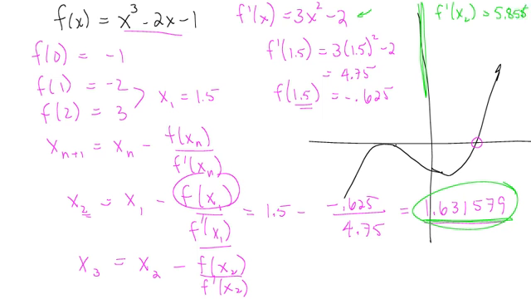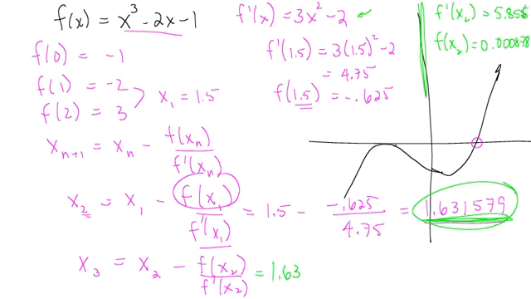I'm just going to use 3 decimal places there. The function evaluated at x2, where x2 is 1.6319, is 0.00878. So now I have all three bits.